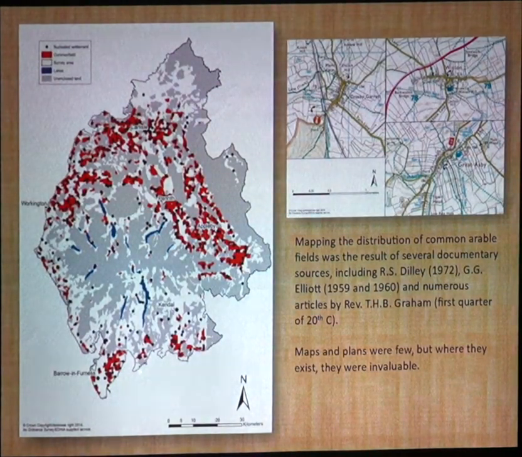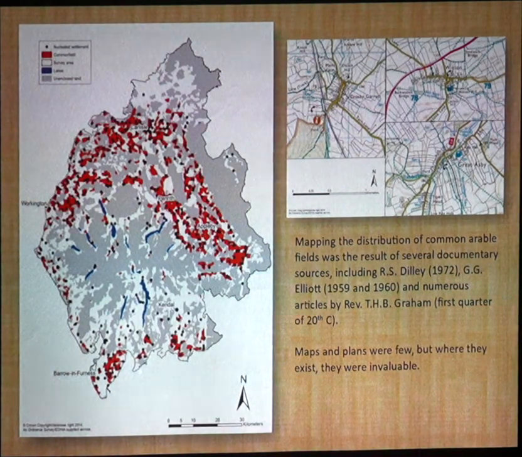Okay, to go with the nucleated settlement, particularly the villages and towns, I mapped the arable fields. Now I showed those that still survived in the 18th century. There was quite a lot more in the late medieval period, and I had to use other people's studies, particularly Dilley and Elliott, who'd done a lot of work in Cumberland particularly on arable fields, but also the Reverend Graham, who worked in the early part of the 20th century up in the barony of Gilsland.